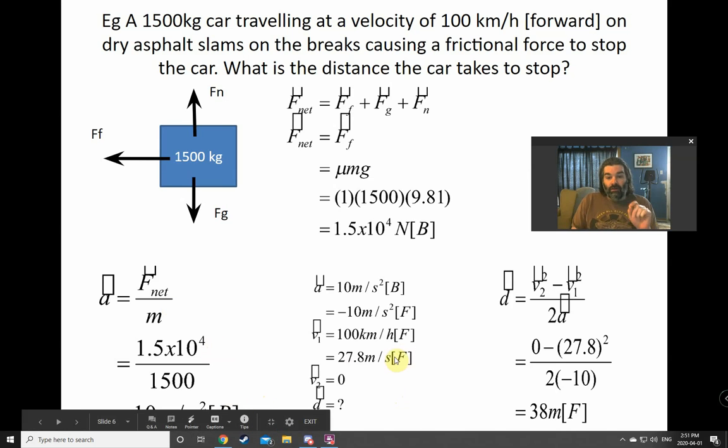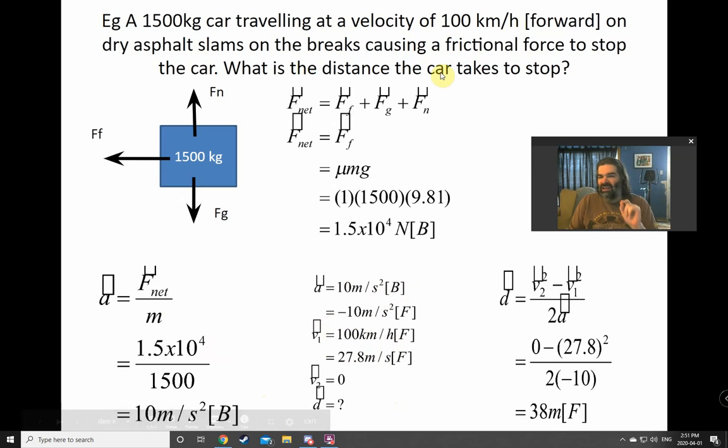Then we plug that acceleration in with the kinematics that we know. We know initial velocity. By the way, if it ever seems that there isn't enough information, look for something in the question that says that V1 or V2 is 0. In this case, the car stops.